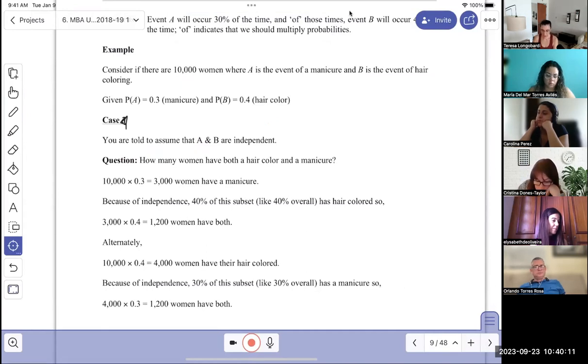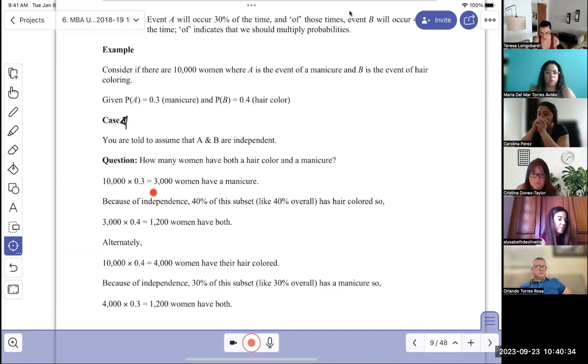If you're told A and B are independent, how many women? I can translate probabilities into women, and maybe that helps people understand better. So we know that out of the 10,000, 30%, 10,000 is enough to see long run relative frequency. So we can make this estimate.